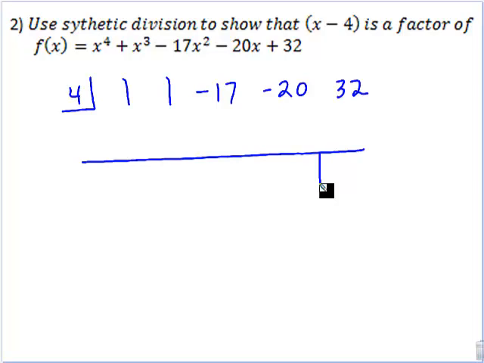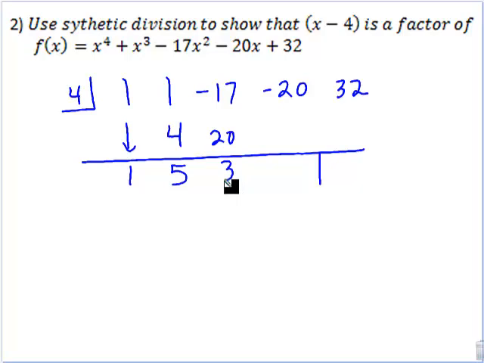And then we do the same process. So drop down our 1. 1 times 4? 4. And we add 1 plus 4. 5. Multiply 5 times 4. 20. We add negative 17 plus 20. 3.